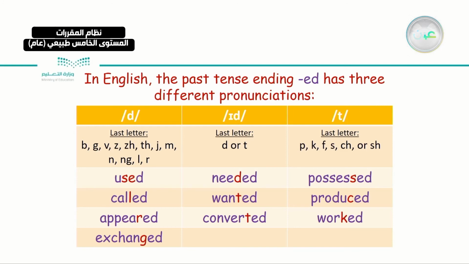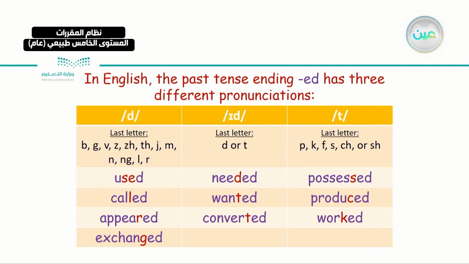Then we have the other one, which is, if you can see, there is like a small I, which means that there is like an id sound here. So it's different from D. To try it out, you can say used, needed, used, needed. Okay?